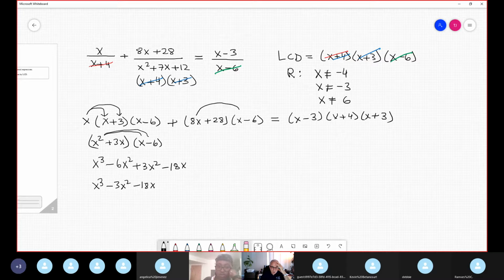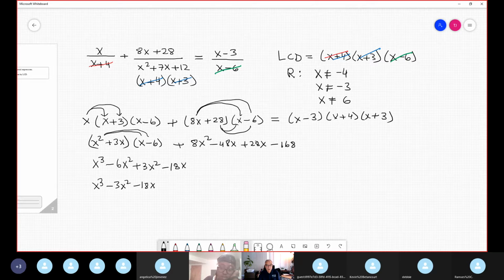This is only the one FOIL. These two binomials. Is plus 8x squared minus 48x plus 28x minus, I put in my calculator, 28 times 6. 28 times 6, 168. 168 again.